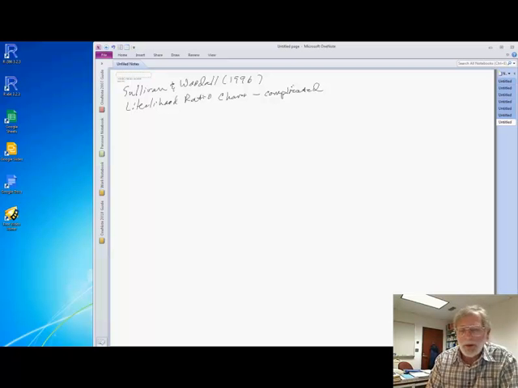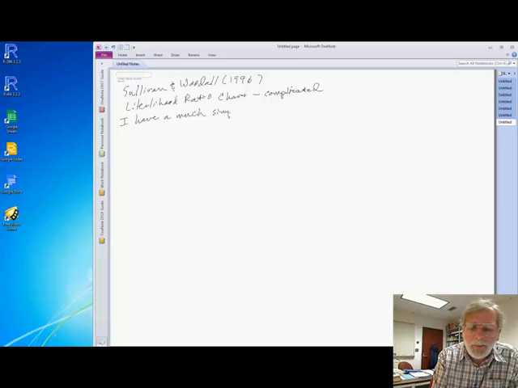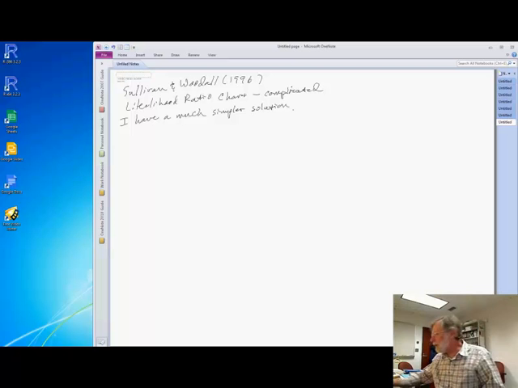You're in for a bit of work if you want to put their ideas into practice. I have a much simpler solution, and I have a SAS program that implements it, at least gets you started.